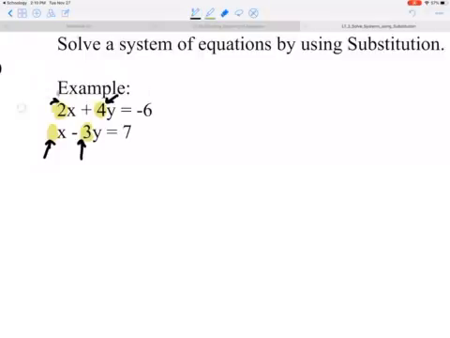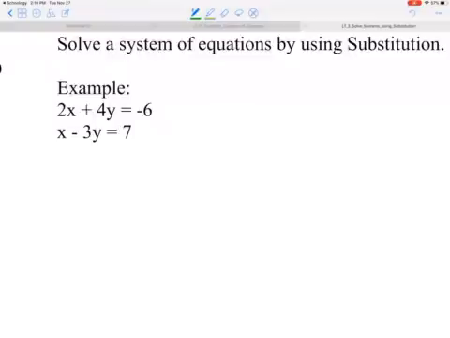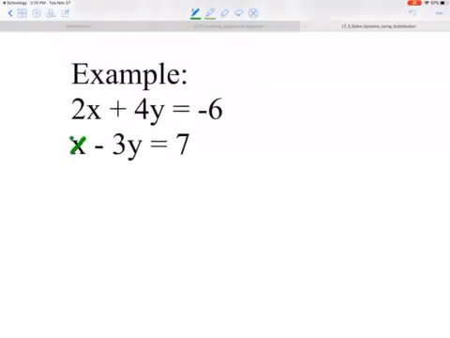You want to use substitution when you have a coefficient of 1. So the variable that has a coefficient of 1 is this x. You can see that right before it there's nothing there, so it's a coefficient of 1. So you want to solve for x because that variable has a coefficient of 1.